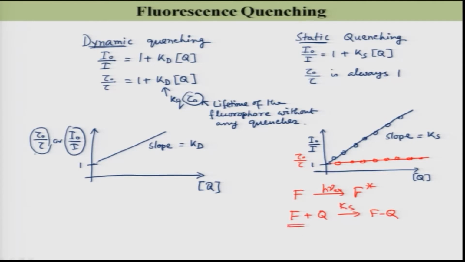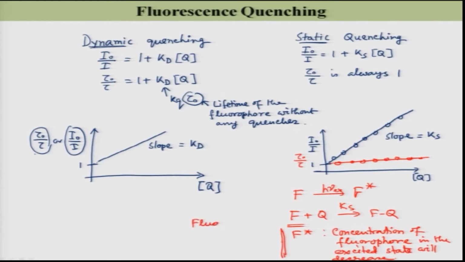So, eventually the concentration of fluorophore in the excited state will also decrease, and because of this the fluorescence intensity will decrease as I increase the concentration of quencher.